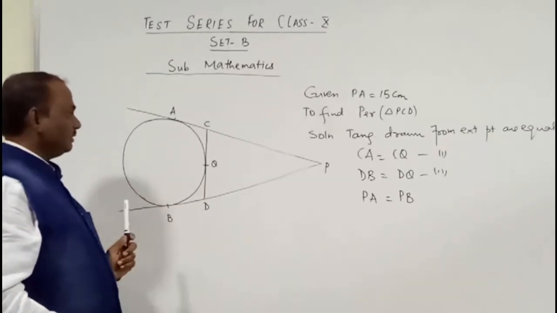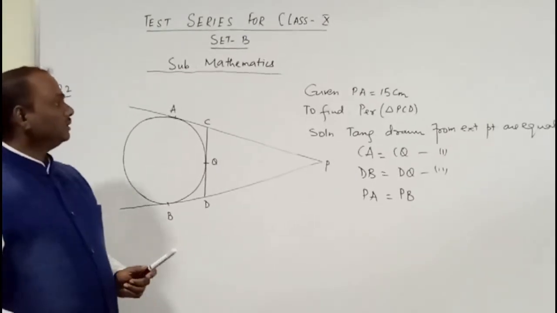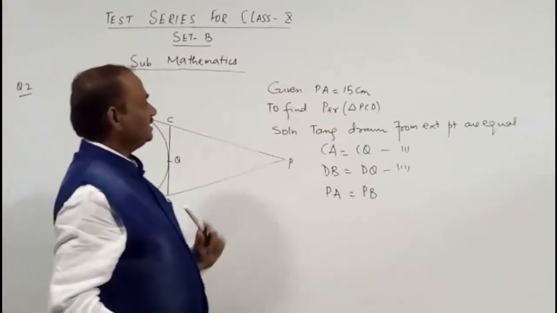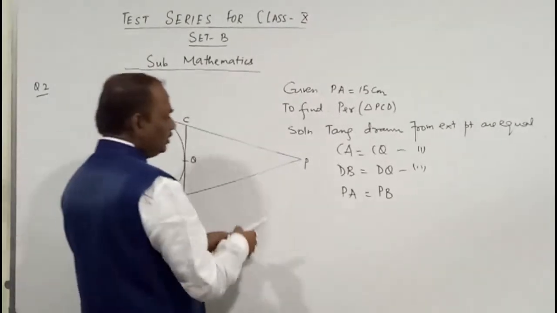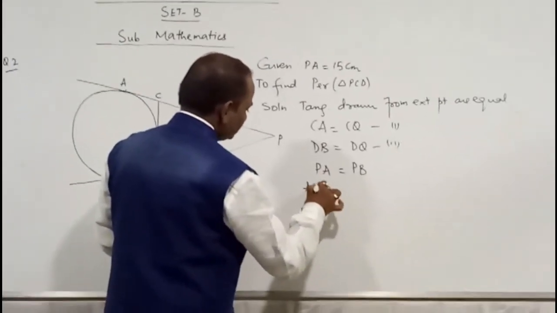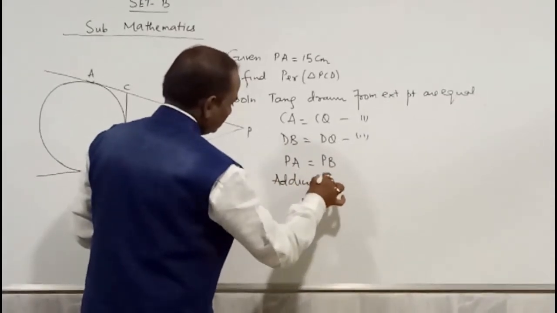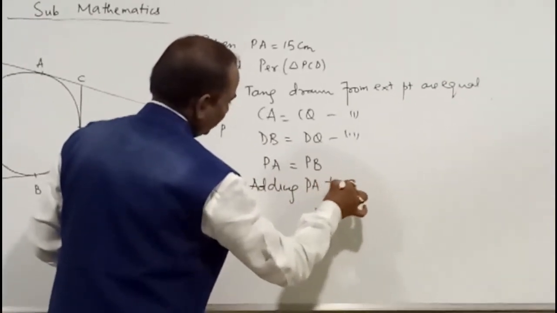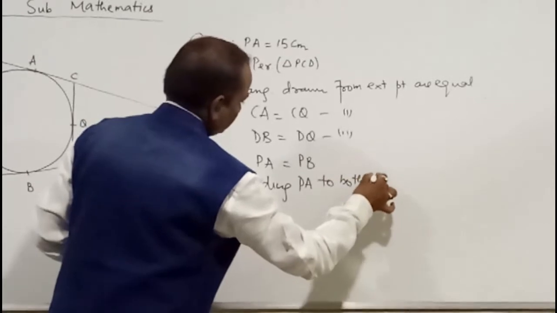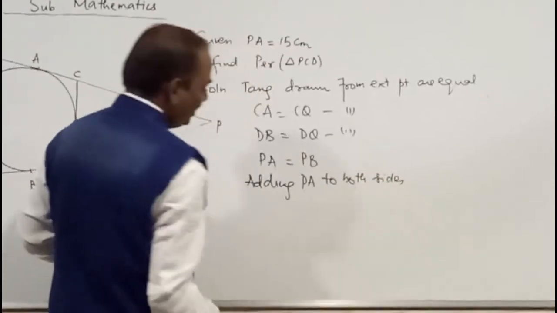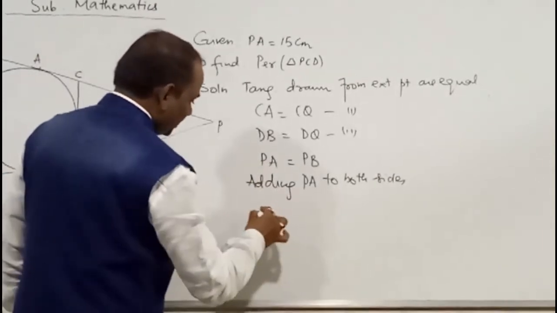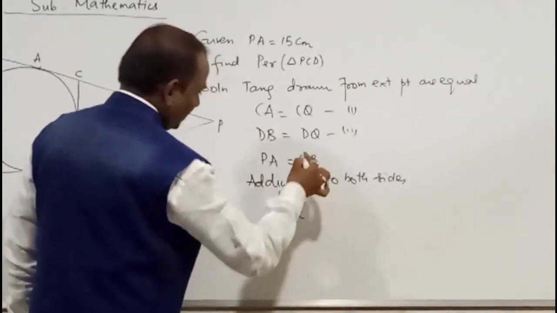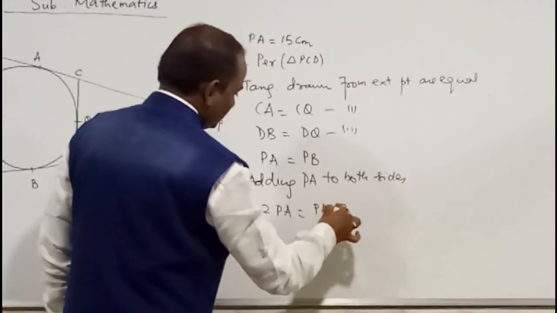So if we use this particular property, we can come to the conclusion where PA can be related with the perimeter of triangle PCD. Now, I am doing one thing. I am adding PA to both sides. If I do so, here if I add PA to PA, I get 2PA, and here I get PA plus PB.